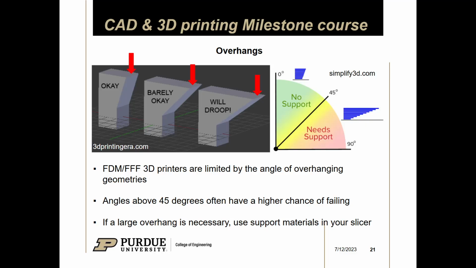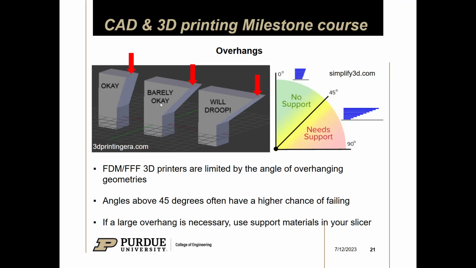So the general rule of thumb is not to have an overhang over 45 degrees. A lot of printers these days can print steeper overhangs, but 45 degrees is just a nice number, right? It's halfway between 0 and 90, and it's the standard angle of a chamfer. So if you want to add chamfers to things, you can add them anywhere, and it's nice.